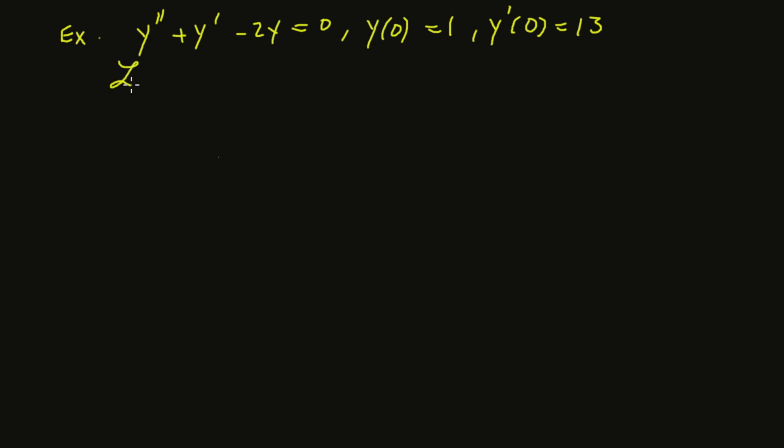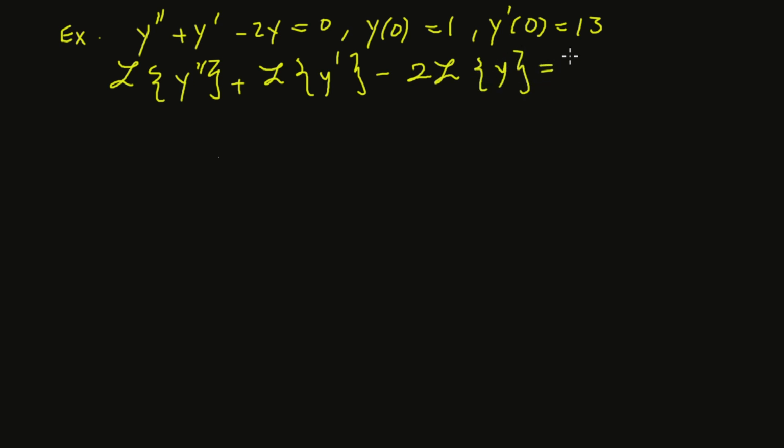So we take the Laplace transform of both sides, and with linearity it's going to be the Laplace transform of the second derivative plus the Laplace transform of the first derivative minus 2 times the Laplace transform of the function equals the Laplace transform of the right side.